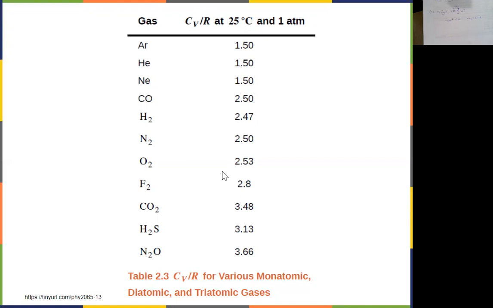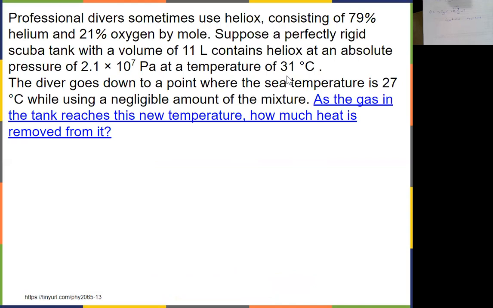So I think you can work out the temperature change because it goes from 31 degrees to 27 degrees. So it's -4 degrees. Delta T is -4. You would need to know N1 and N2, the moles of helium and the moles of oxygen. It gives you the fractions of the two. Now it gives you the volume, the temperature, and the pressure. So you can calculate the total moles and then calculate the moles for each, according to their fractions.